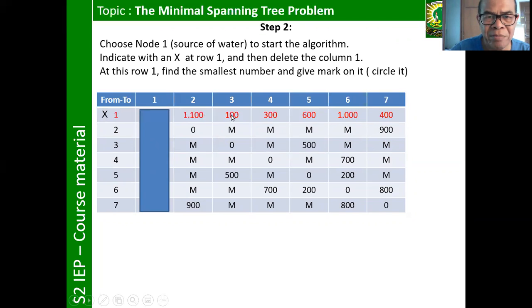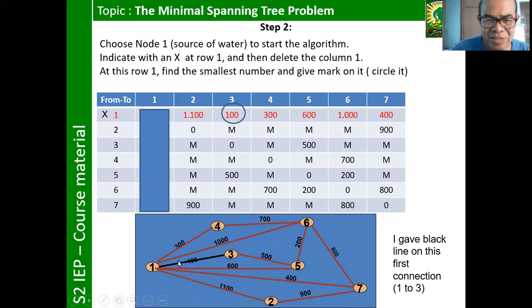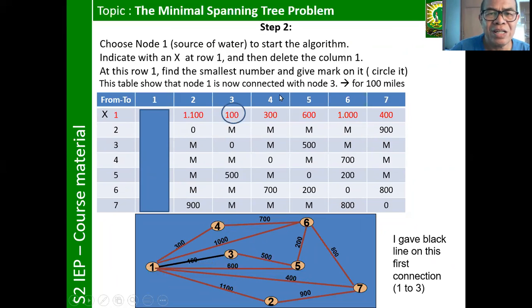What is the smallest number here? On row 1, it is 100. So connecting node 1 to node 3 is the shortest, the nearest. This is the first connection. Connect 1 to 3 because it is the smallest, 100 miles.